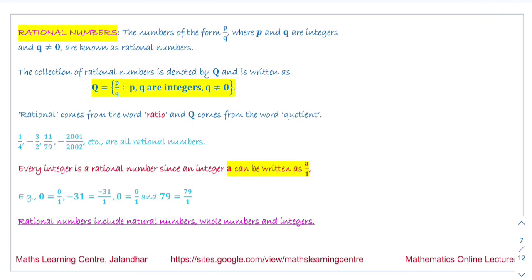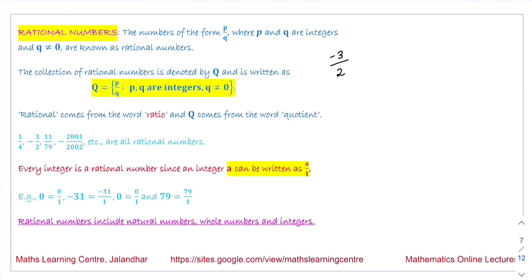Next we are going to talk about the definition of the rational numbers. Rational numbers are those numbers which can be written in the form of p by q, where p and q are integers and q is not equal to 0. So all those numbers which can be written in this form are called the rational numbers. If we look at an example, suppose I am talking about the number -3 by 2.